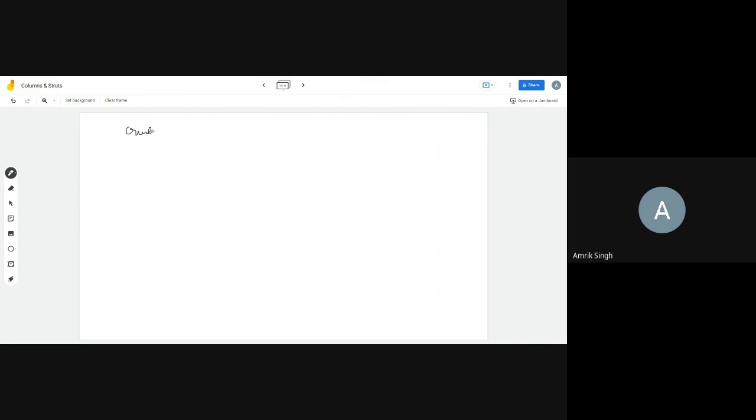So you can say crushing, and this side you can write buckling. Okay. So crushing, the first point is it represents material failure. ठीक है.